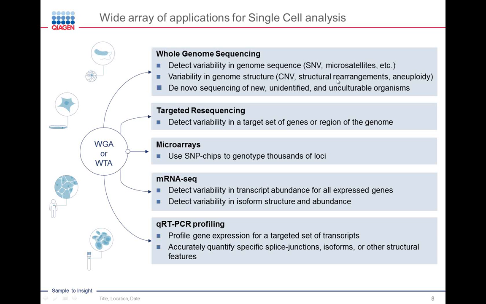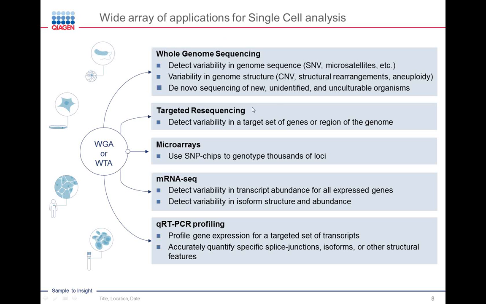If you want to detect larger structural rearrangements, aneuploidy, copy number variation, or if you want to de novo sequence unidentified, new organisms that you couldn't necessarily culture. So small single cellular organisms that you could not otherwise get a larger amount of DNA from.